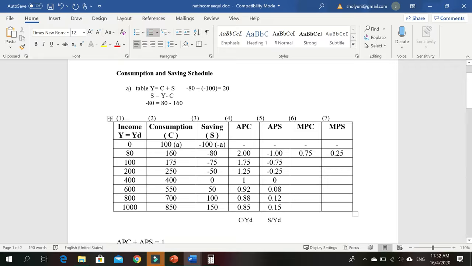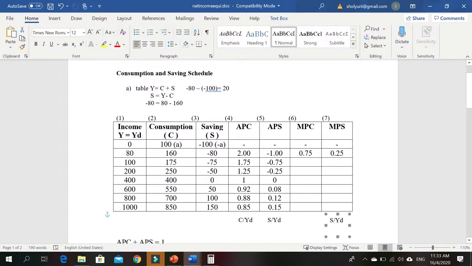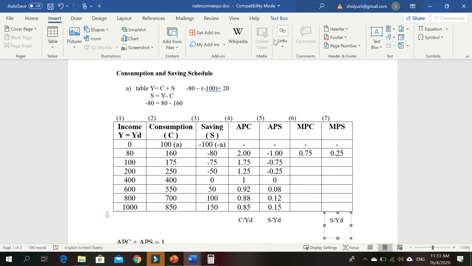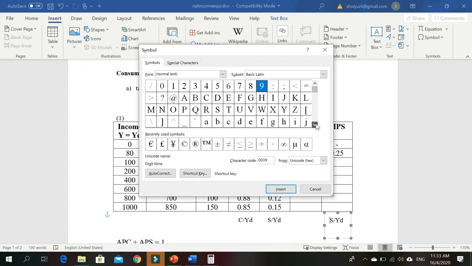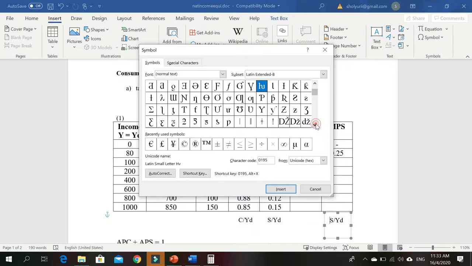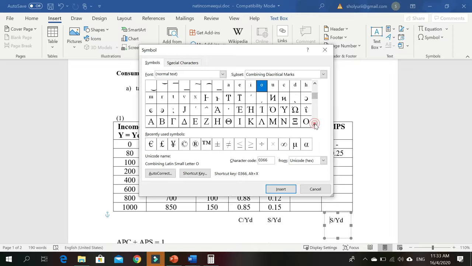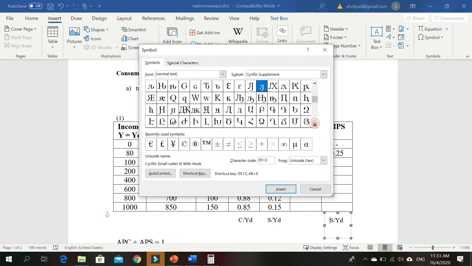Then the change in income. The formula is, supposedly there is a change symbol, the triangle. Wait, I need to find it.